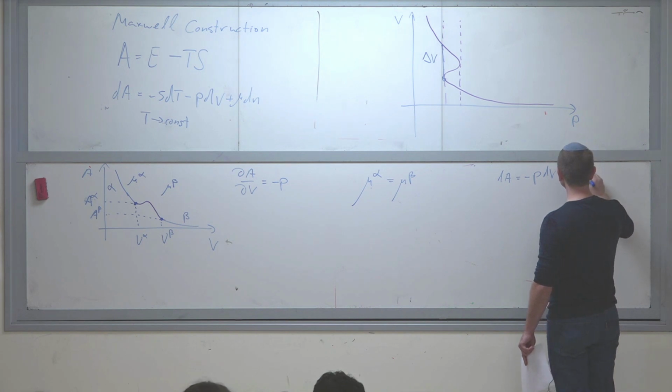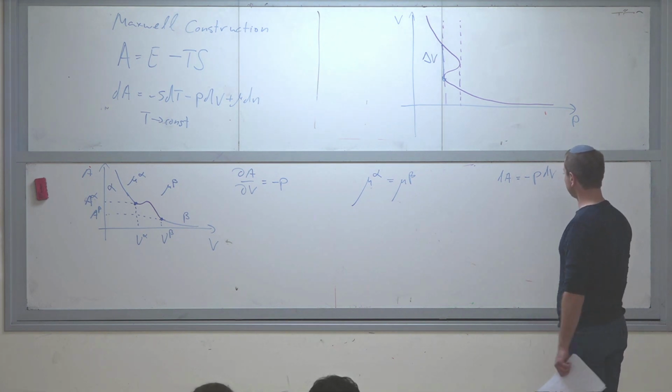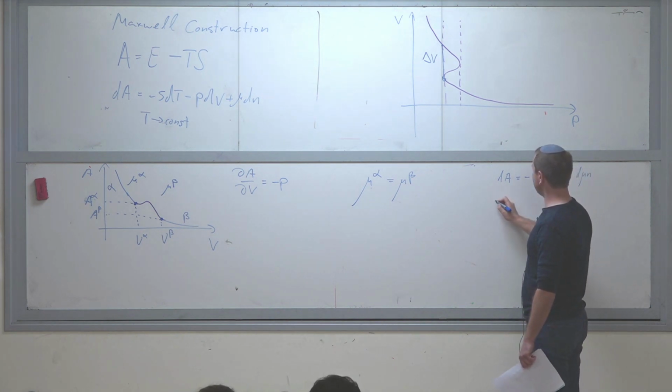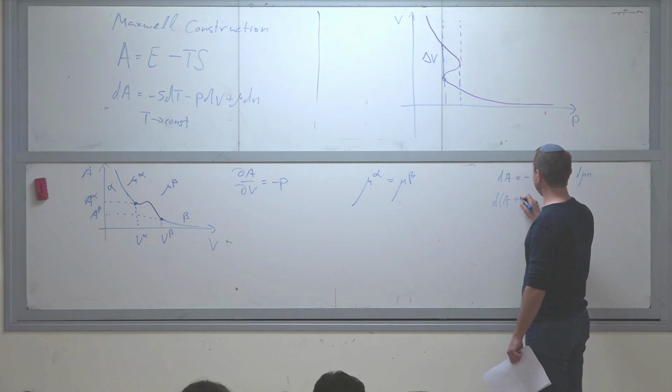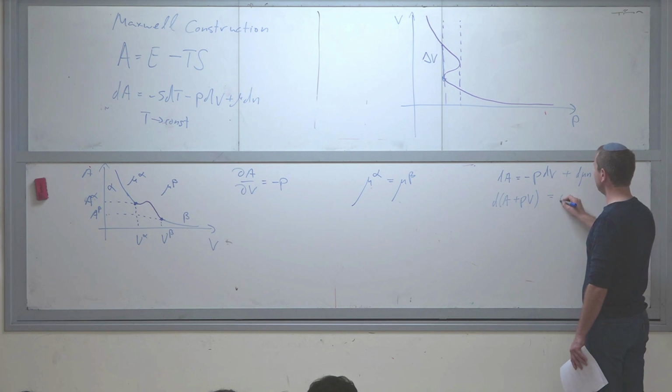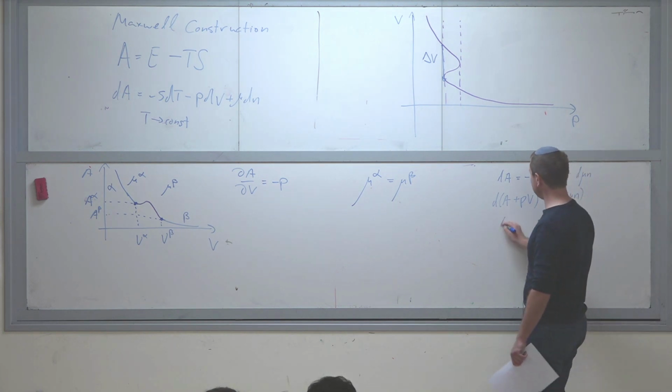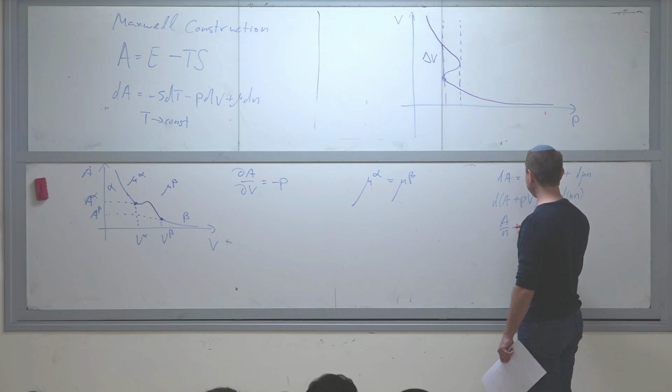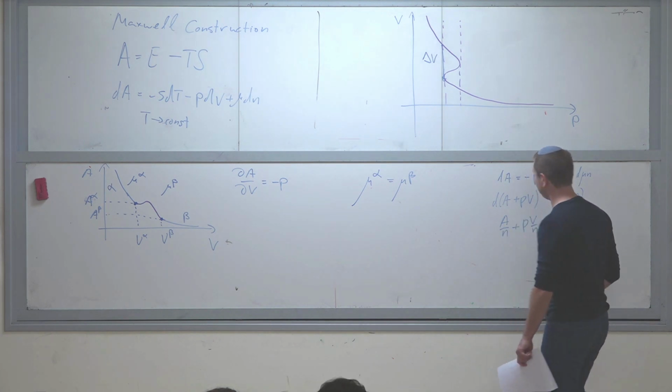From this equation we obtain that dA plus P dV equals mu dn, or more specifically, A divided by n plus PV divided by n equals mu.